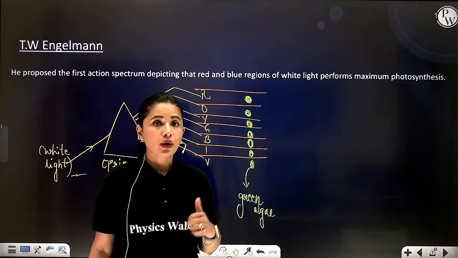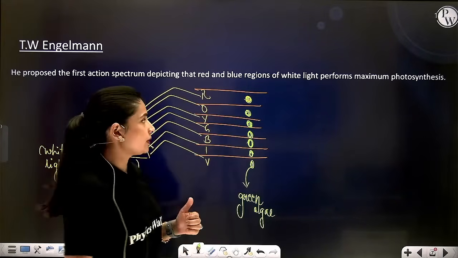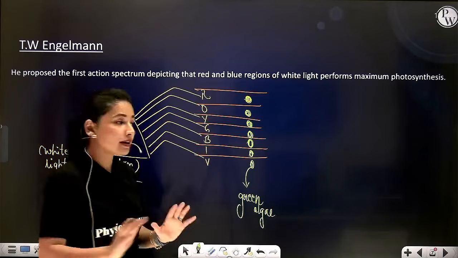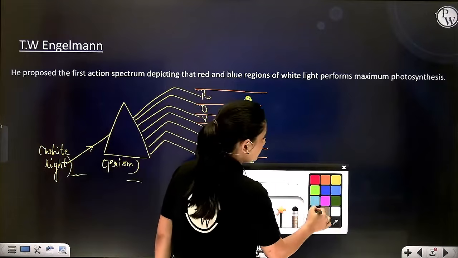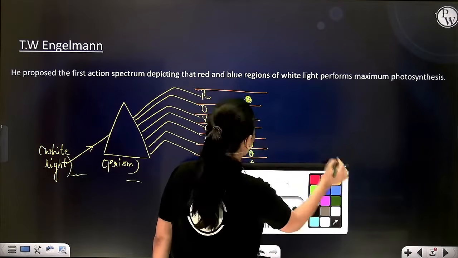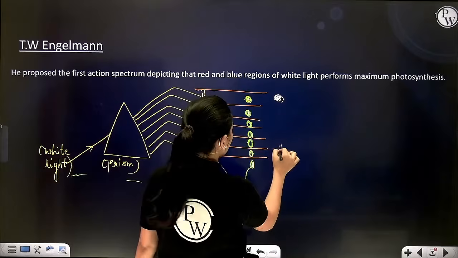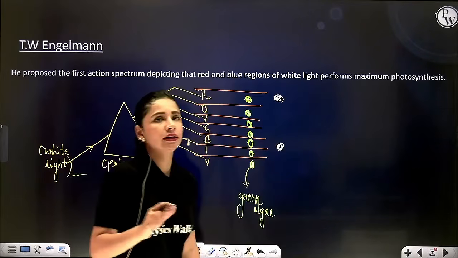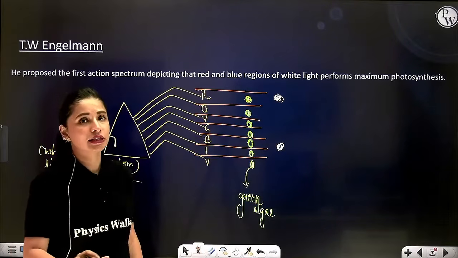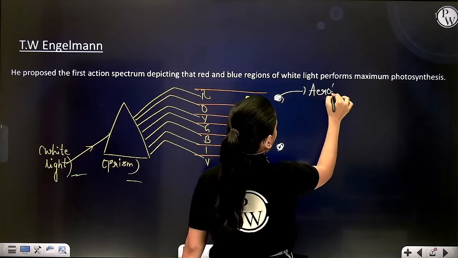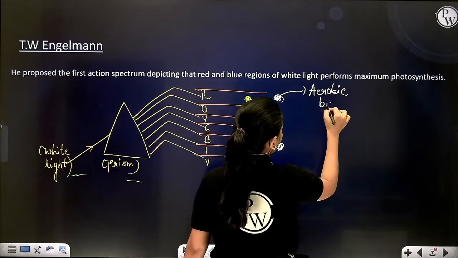Correct? So T.W. Engelmann observed that aerobic bacteria very easily flourished richly in the red region and blue region, and very poorly flourished in the green region. So these white colored dots stand for aerobic bacteria.